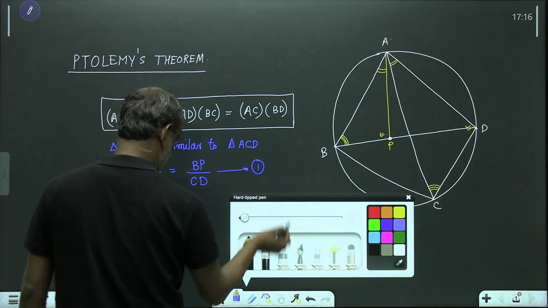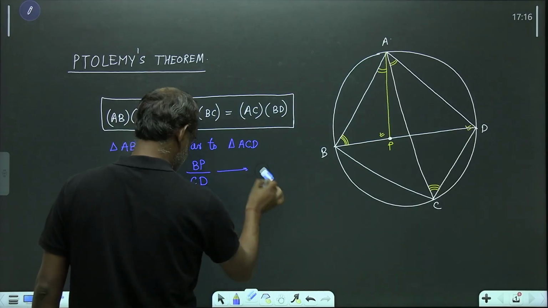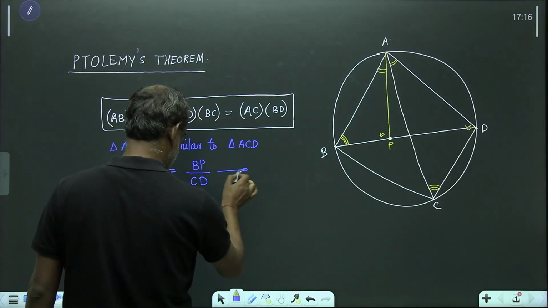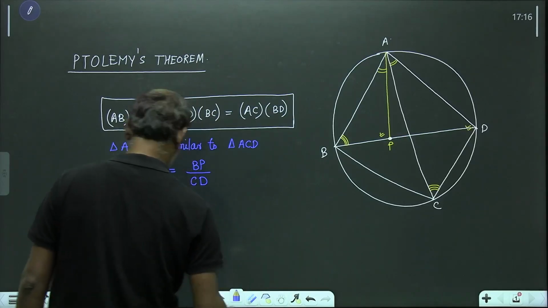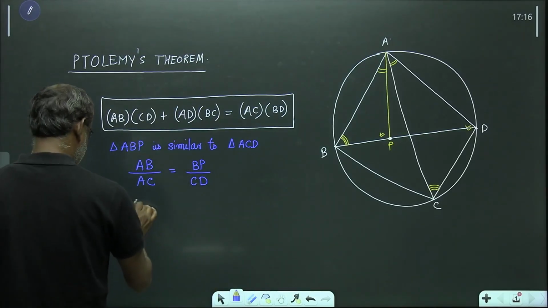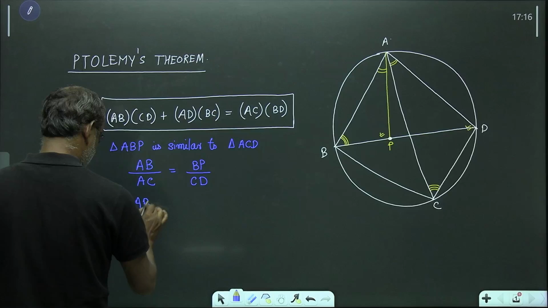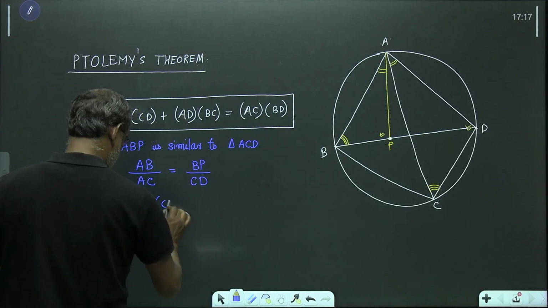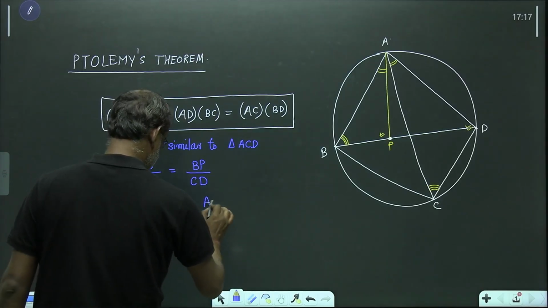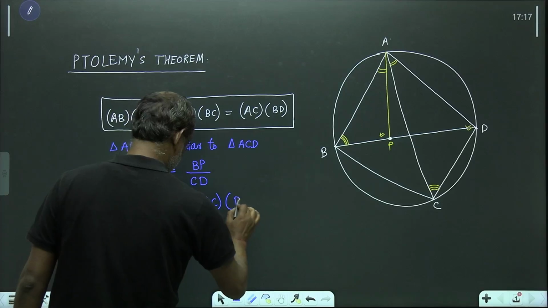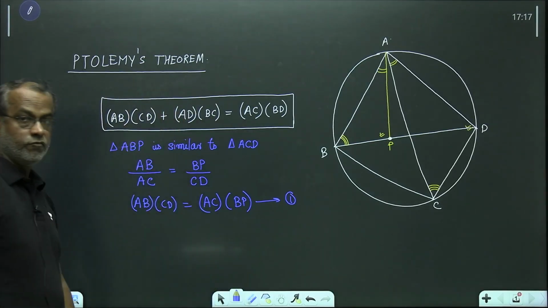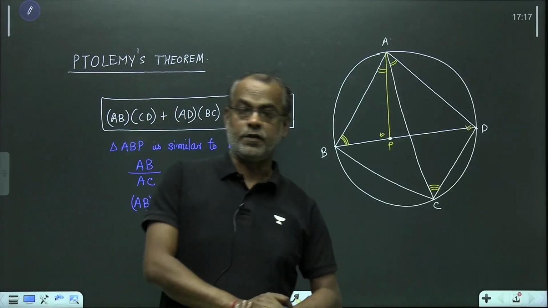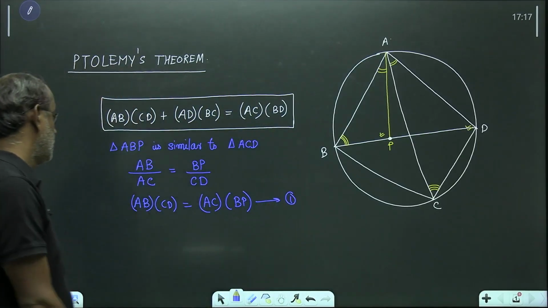Or rather, let us write it as AB into CD, which is what we are looking for, is AC into BP. Let us call this our first equation.